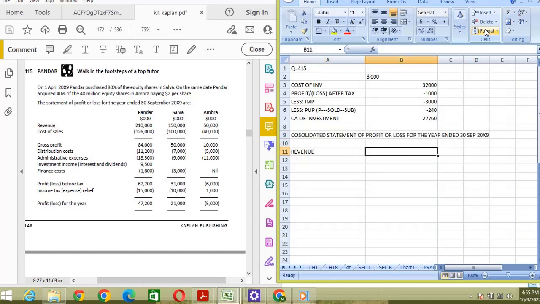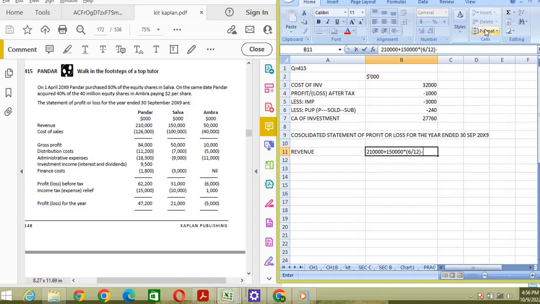We will take the parent's full revenue, we won't apportion it into 6/12. So we will take the full amount, and then we will add subsidiary 150,000 into 6 divided by 12, because it's a mid-year acquisition case.